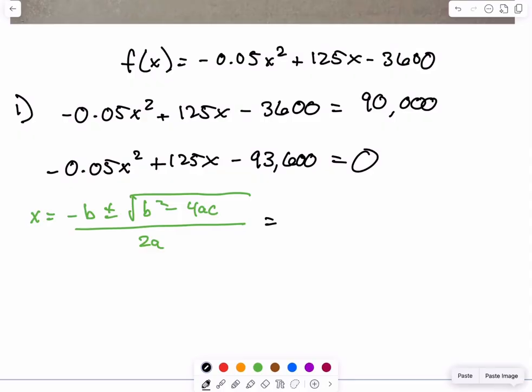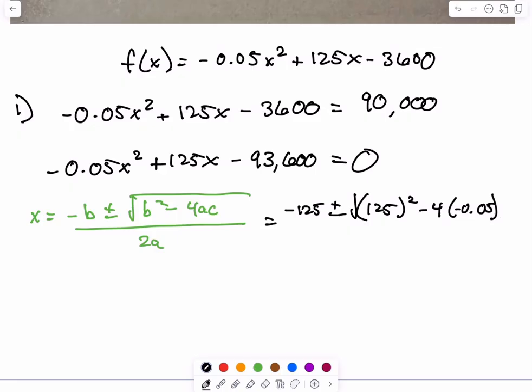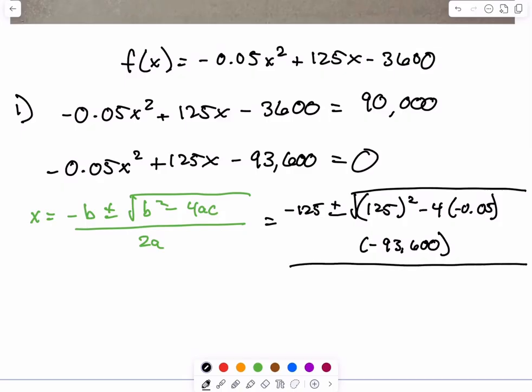So then negative 125 plus or minus the square root of 125 squared minus 4 times a, which is negative 0.05, and our c is negative 93,600, all over 2 times negative 0.05. Let me resize this real quick.